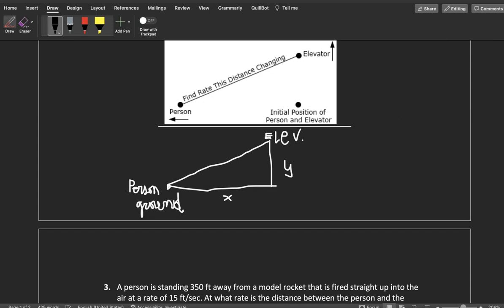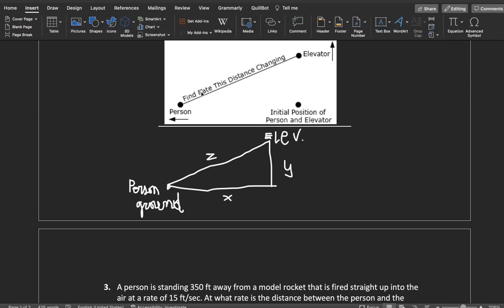And we can call this side, which is the hypotenuse, Z.